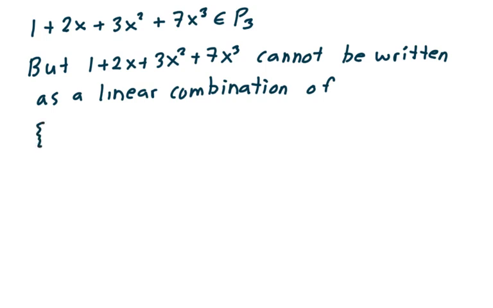So we have 1 minus x, x squared, 2x plus x cubed, and 2 plus x cubed.